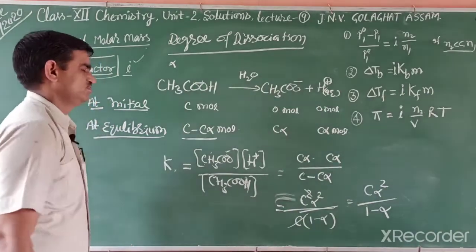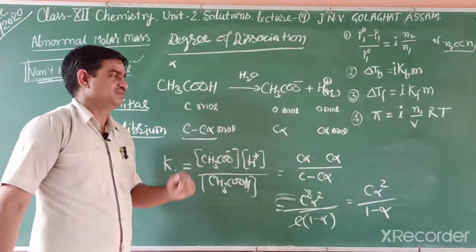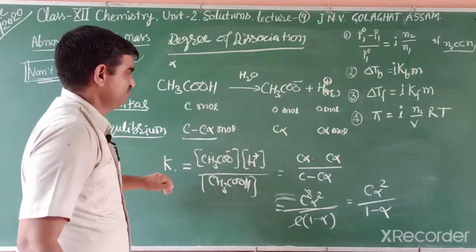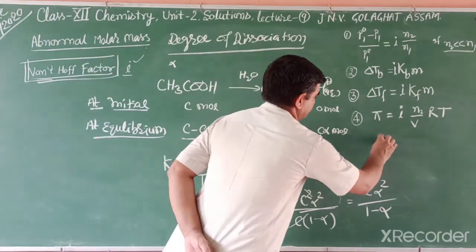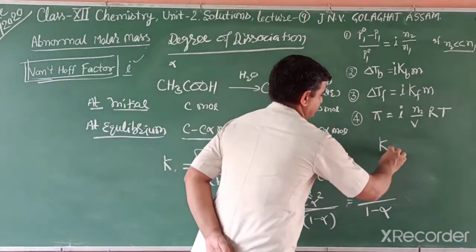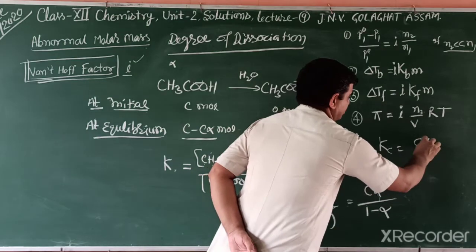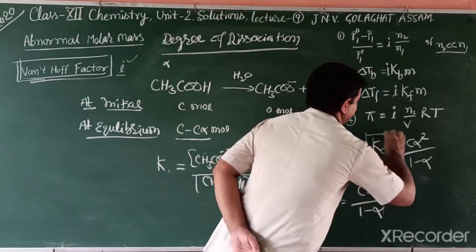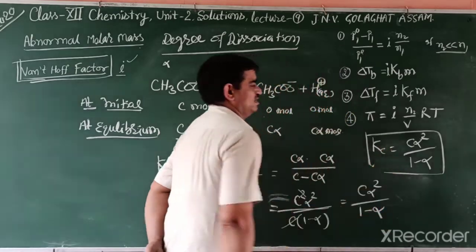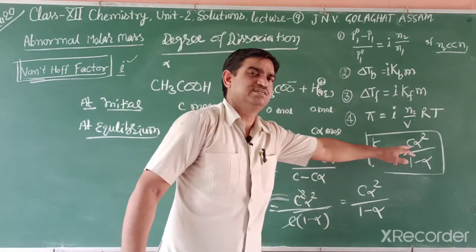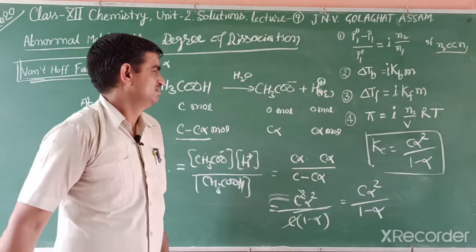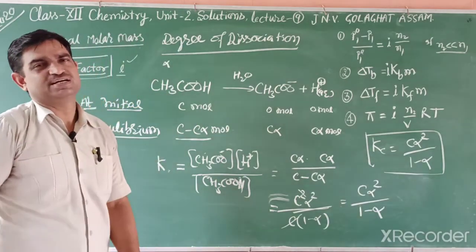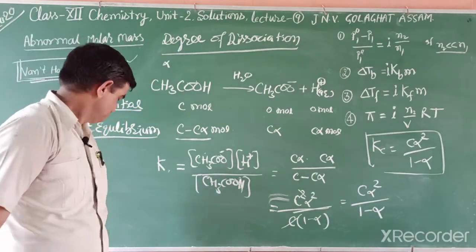By this equation you have to solve numerical problems. Kc is equal to C alpha square divided by 1 minus alpha. What is alpha? Alpha is the degree of dissociation. What is C? That is the initial concentration given. In this way you can solve some numerical problems.